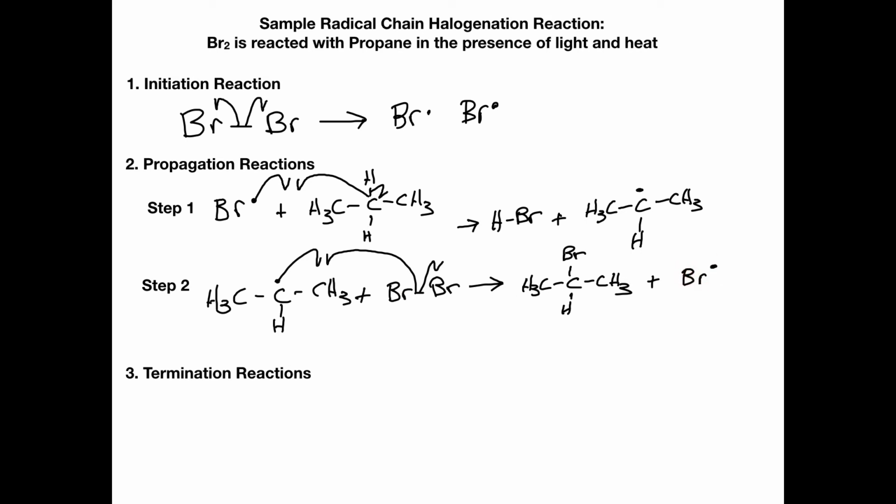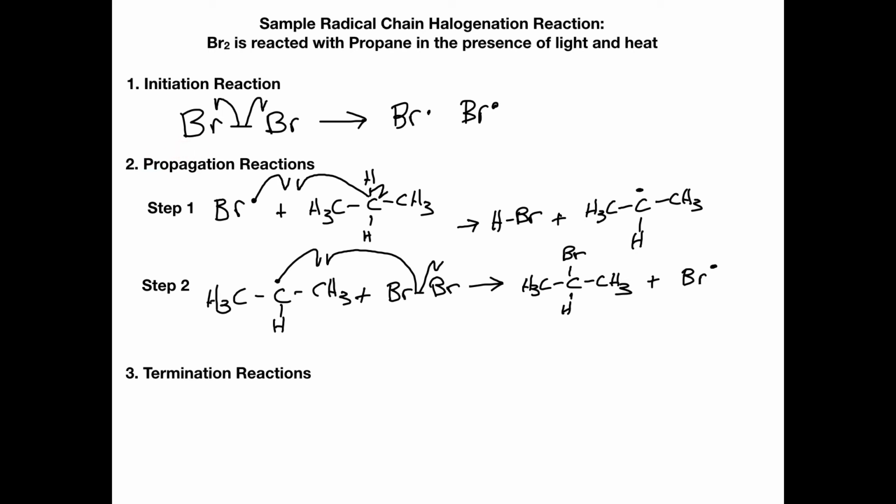This bromine could come back up here and participate in step 1 of another propagation step, reacting with another propane molecule. This cycle of step 1, then step 2, and then the bromine coming back here would continue for a time until those radicals and free atoms have reacted. And that's really the second phase, the propagation step.